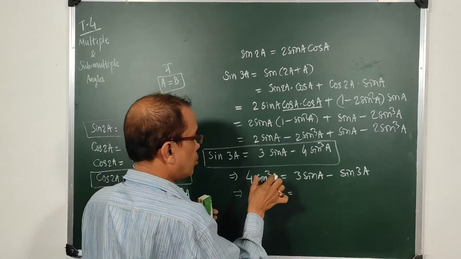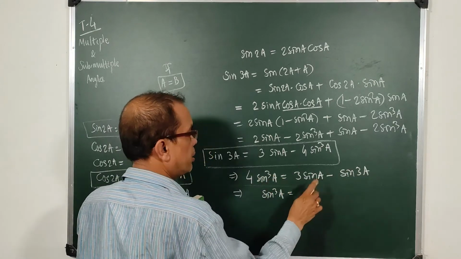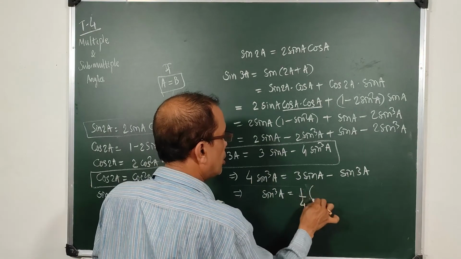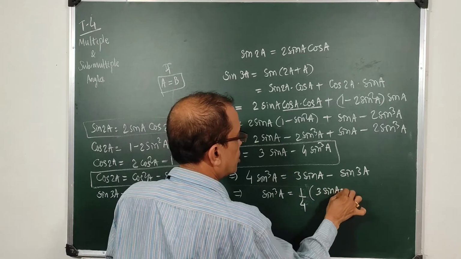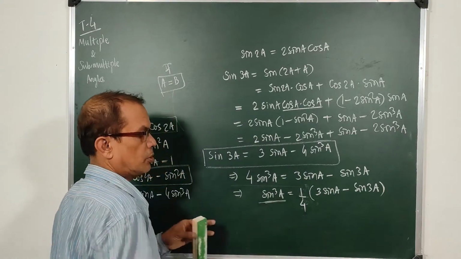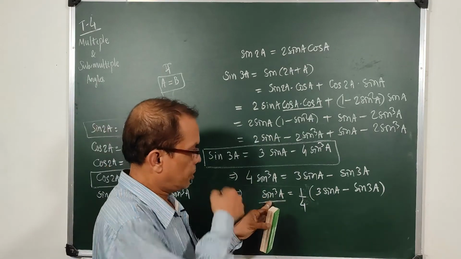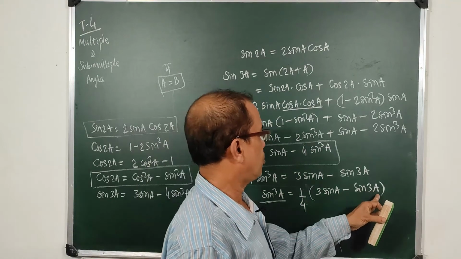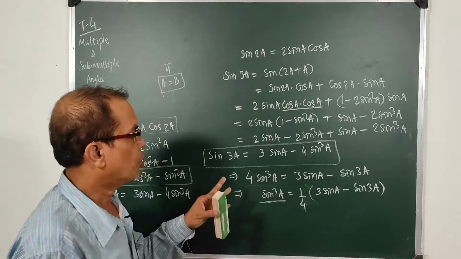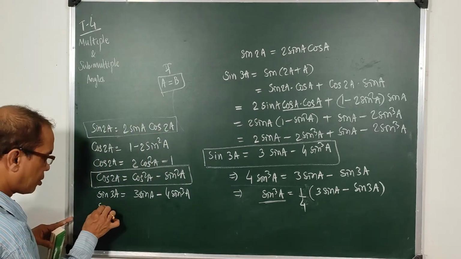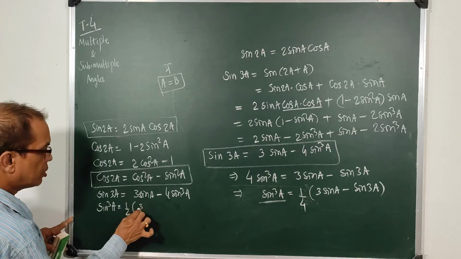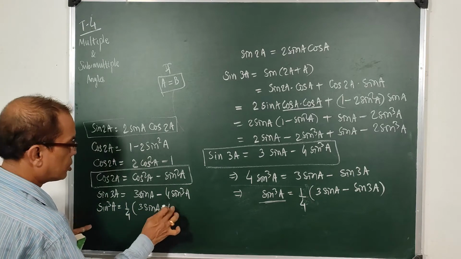Sin cube a will be 1/4 of this side, so 3/4 sin a, or you can simply put 1/4 into 3 sin a minus sin 3a. So this is a conversion of a power function of a trigonometric ratio into a simpler form. This can be easily integrated while the other can't be. So for integration this is difficult, so we take this form also: sin cube a becomes 1/4 of 3 sin a minus sin 3a.